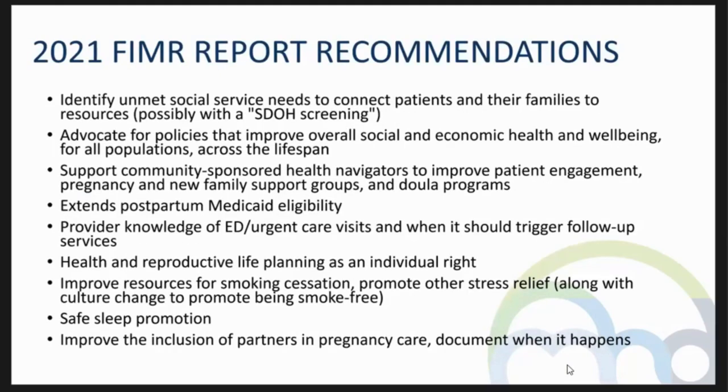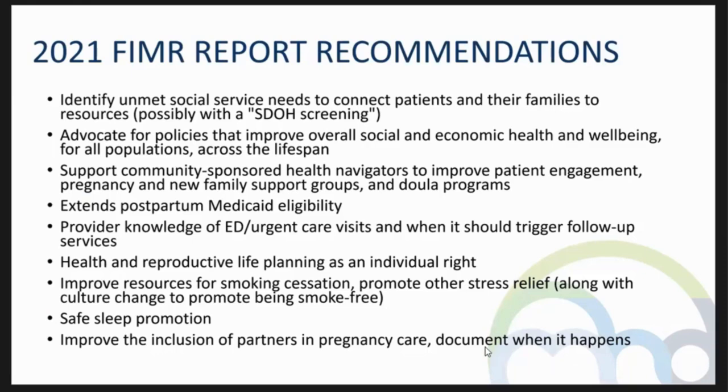This is another slide that came out of the 2021 report, so it is available online. This is just your introduction to some recommendations that already exist, so the variety that recommendations can take. So we've got identify unmet social service needs and connecting patients and their families to those resources.